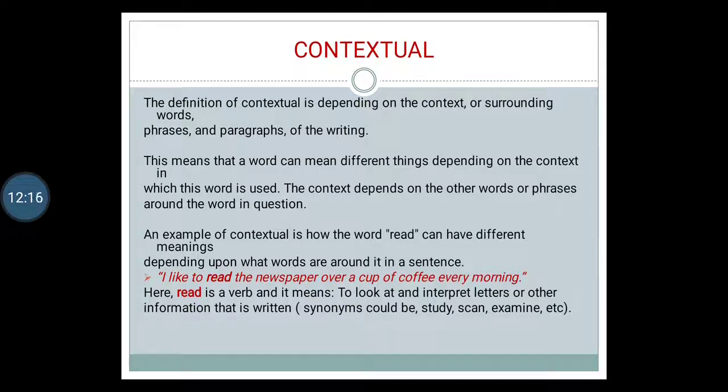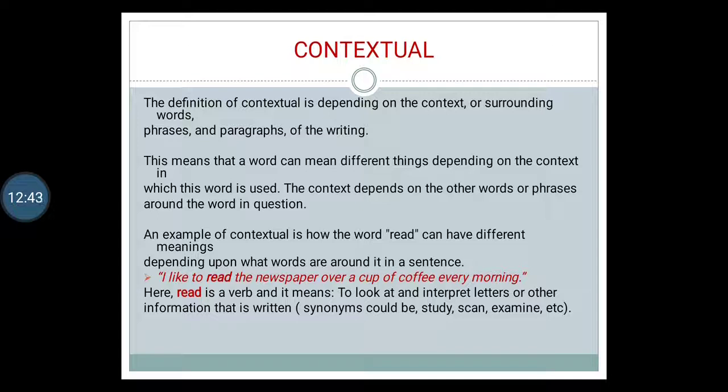So, when we are talking about words in context, we have to look at the context. Maybe a simpler way of saying context is we have to look at the way in which the word is used in the sentence. And when we look at it, we'll be able to understand what the word means. So read here has nothing to do with narration or reading aloud or saying something.